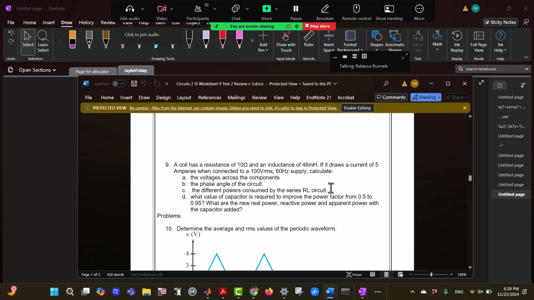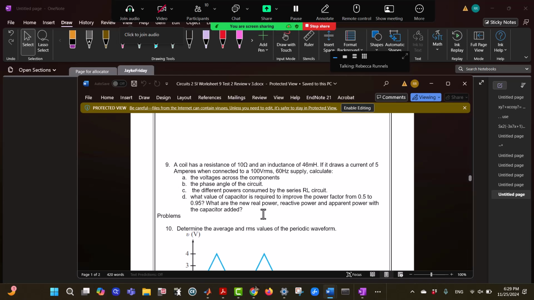And the value of the capacitor that is needed is 93 microfarads. And the new real power is the same.